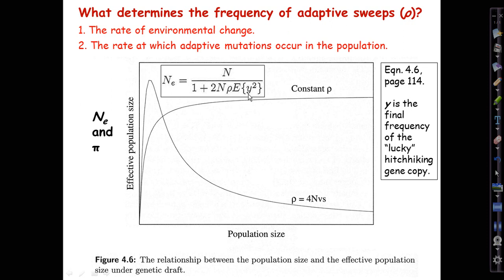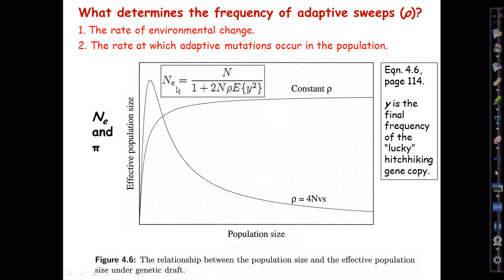And then this thing, the expectation of the squared final frequency of the lucky hitchhiking gene copy. If it always went to fixation, y squared would be 1, because y would be 1, its final frequency would be 1, but of course it doesn't always make it all the way to fixation, as we saw, and so it turns out that a number which is the expectation of the squared final frequency wants to be part of the numerator below.